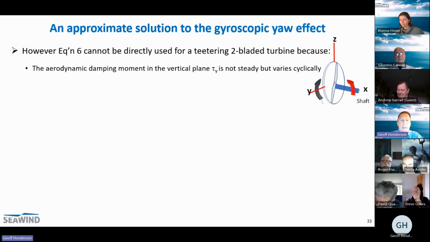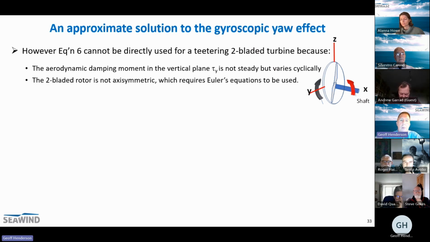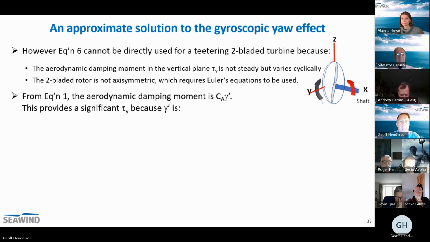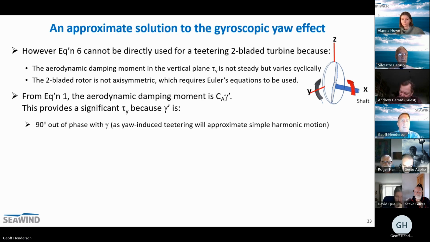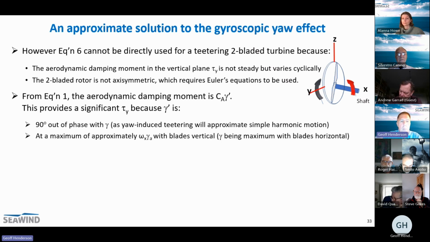Equation 6 can't be directly used because the aerodynamic damping moment is not steady, it varies cyclically, and the two-bladed rotor is not axisymmetric. So Euler's equations need to be used. From equation 1, the aerodynamic damping moment is Ca gamma dash, which provides a significant torque in the vertical plane because gamma dash is 90 degrees out of phase with gamma. Approximately simple harmonic motion will apply, and gamma is a maximum with the blades horizontal.